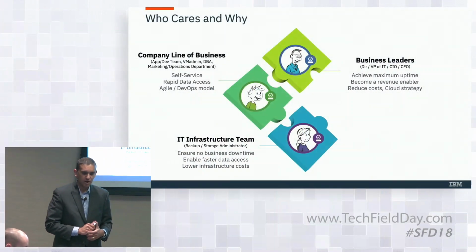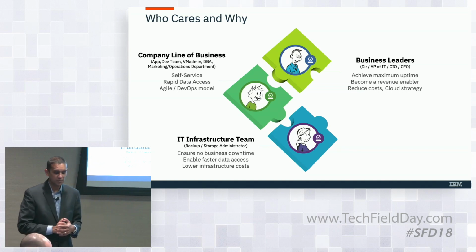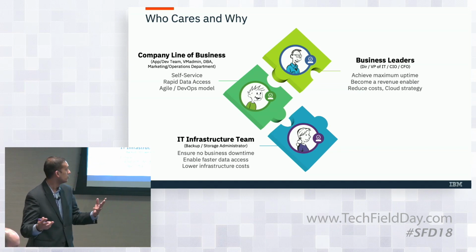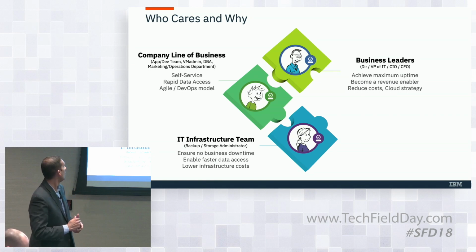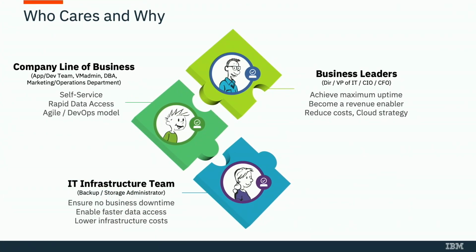Okay, just in the interest of time, maybe I'll skip through a few of these and go into a technical overview. So again, in terms of the product, who we are trying to work towards, who cares and why, we typically see three personas in terms of the line of business. These are the app developers who want self-service data access, and they're looking into the DevOps model.